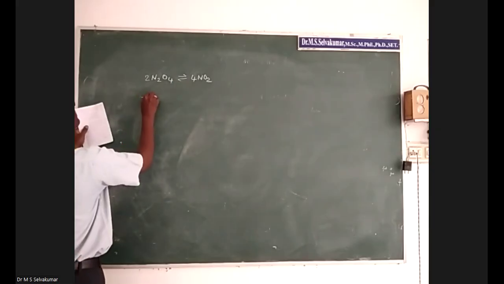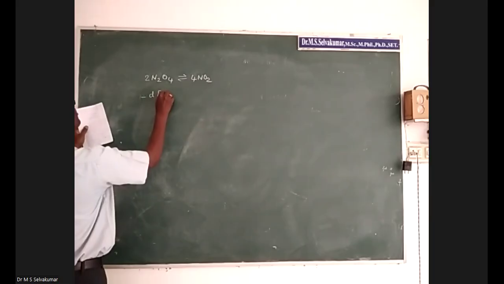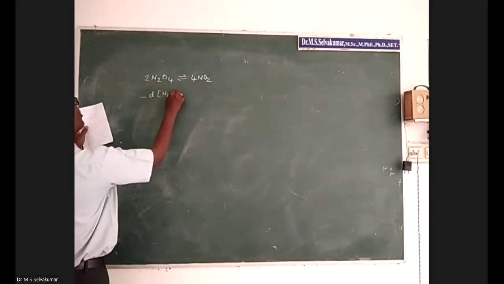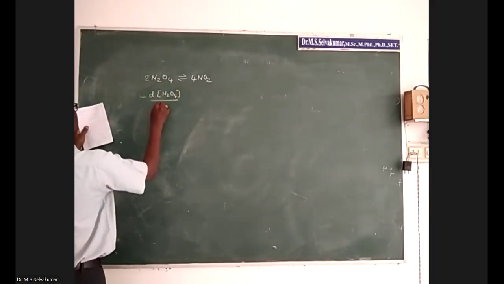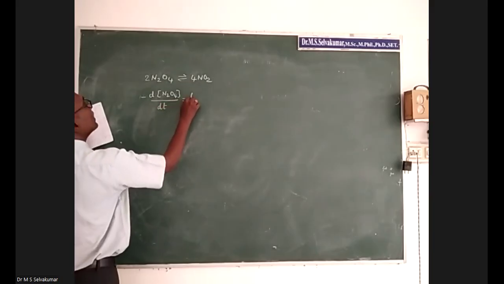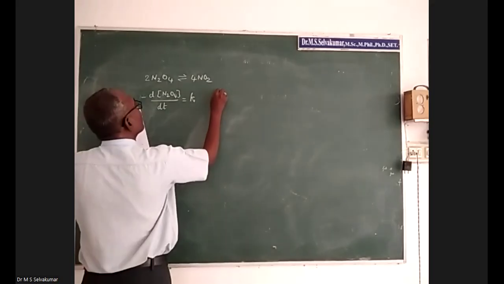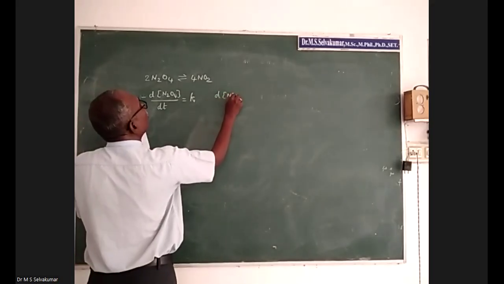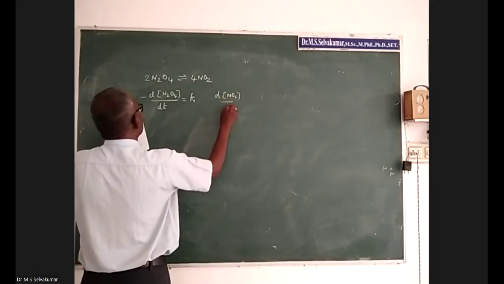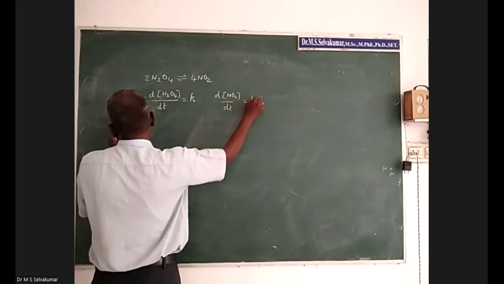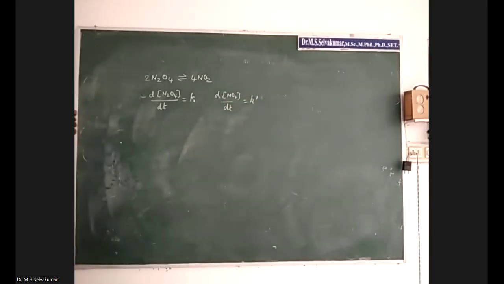The minus rate of change of concentration of N2O4 is K, and the rate of formation of NO2 is K dash. The question asked is, what is the relation between K and K dash?